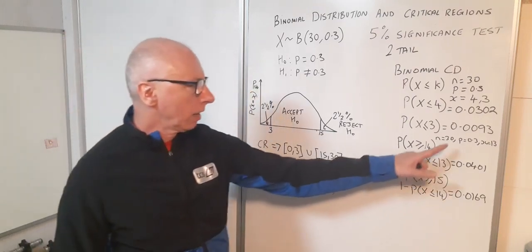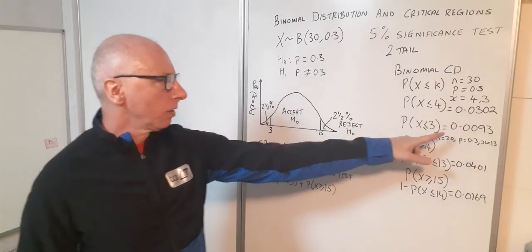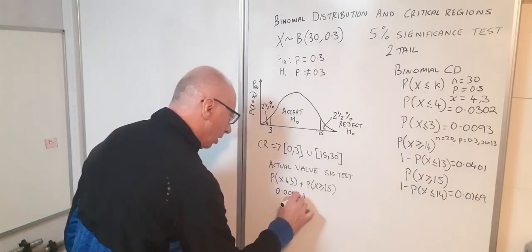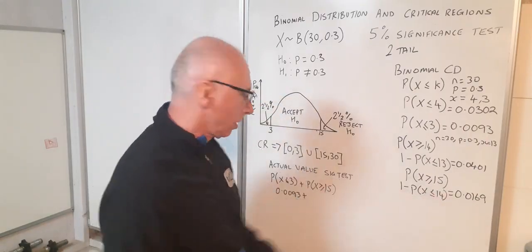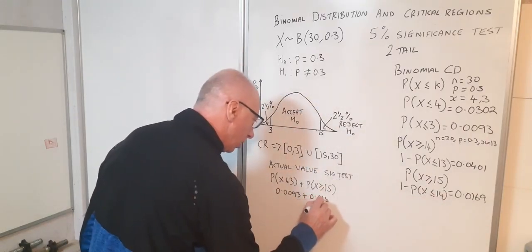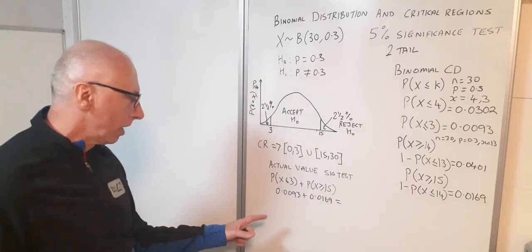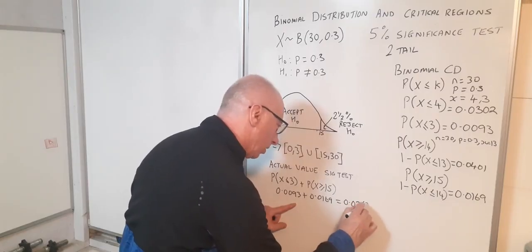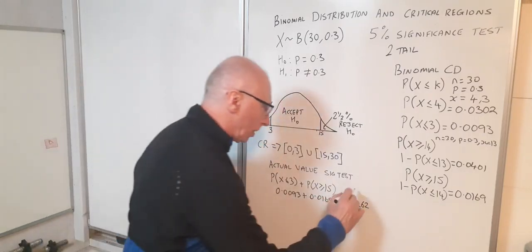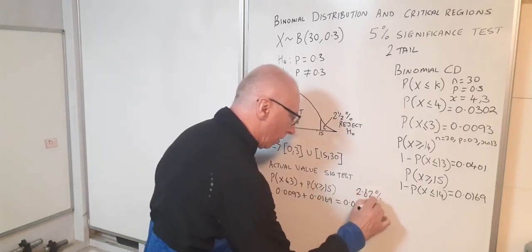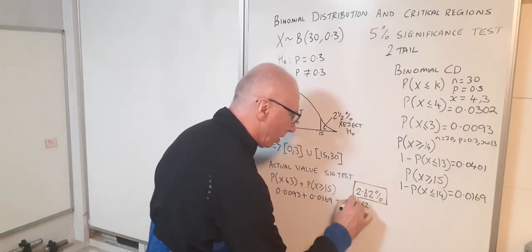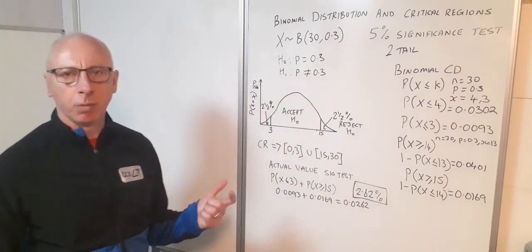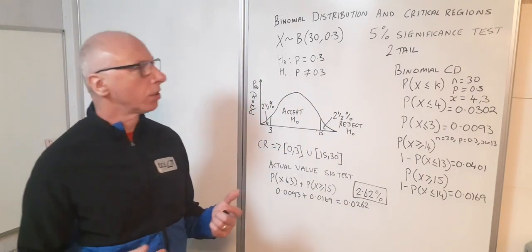So using our calculations on here, X is less than or equal to 3 is 0.0093, and then this one is 0.0169. So put that in there, you get 0.0262. So 2.62%. So that's our actual value of our significance, 2.62%. And that's an introduction on the binomial distribution and its critical regions.